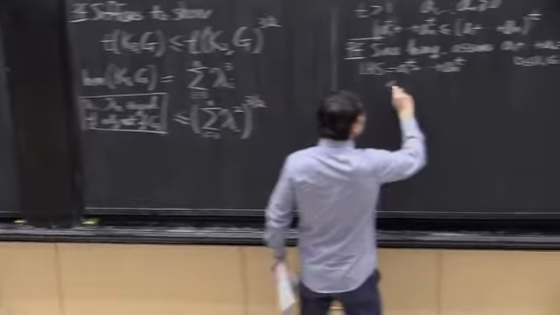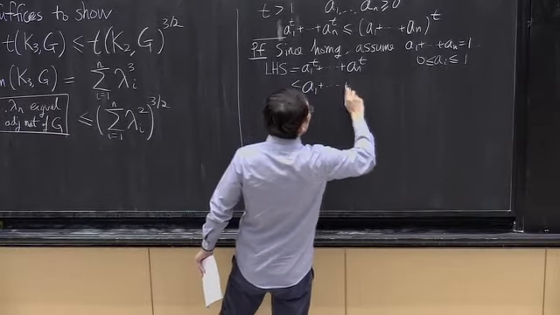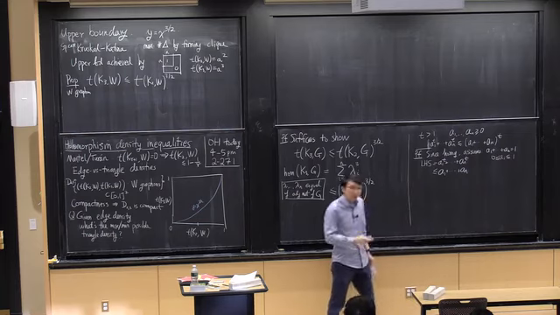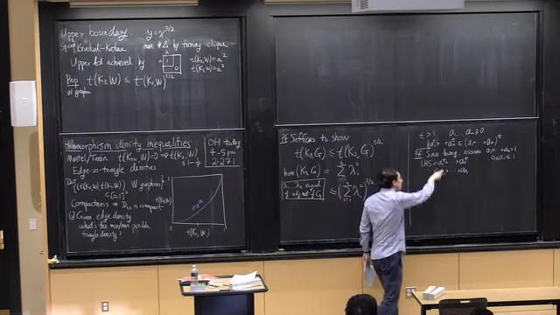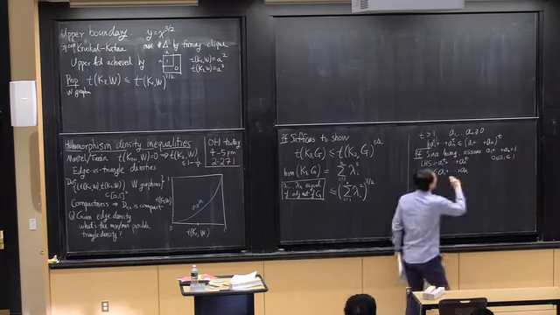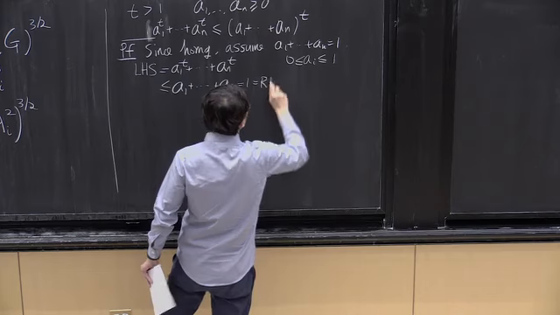So now this sum is less than or equal to the same sum without the t's, and that is equal to 1, which is the right-hand side.